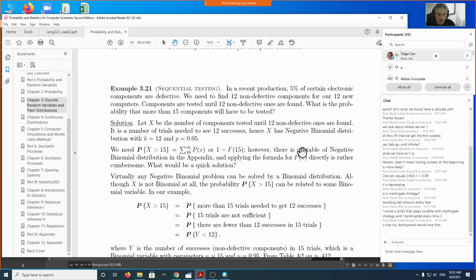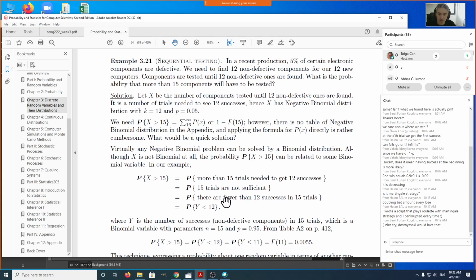But practically, if you want to know the probability as a real number, we can change the random variable to something else. Let's see how we did that. More than 15 trials are needed to get the 12 successes, which means that 15 trials are not sufficient.